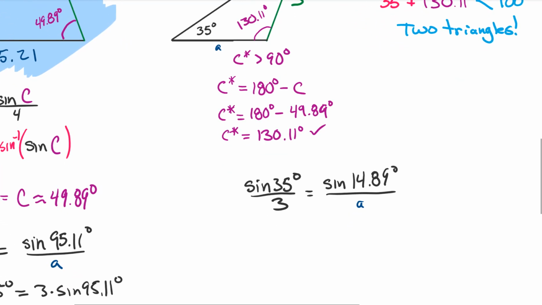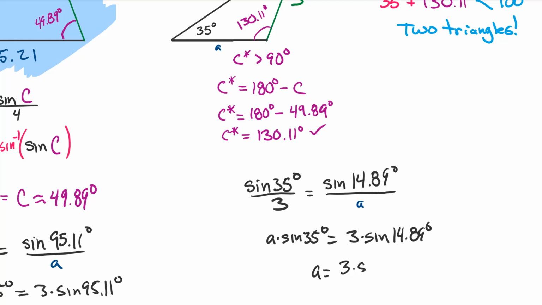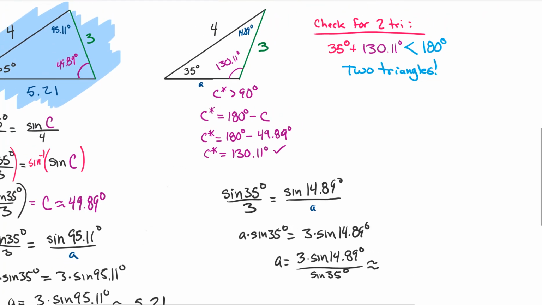A times sine of 35 is equal to 3 times sine of 14.89. We divide it over, and A is equal to 3 times sine of 14.89 degrees, all over sine of 35 degrees. We punch it into a calculator.